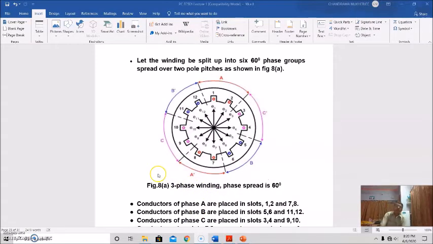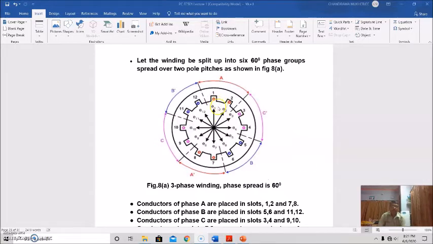Now we'll discuss winding split up into six 60-degree phase groups spread over two pole pitches, as shown in this figure. So you see, this is a three-phase winding.